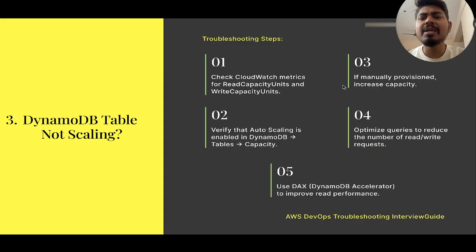Third, manually increase the provisioned capacity if you can, as a temporary fix. Optimize the queries to reduce the number of read and write requests. If anything is hampering, use DynamoDB Accelerator to improve the read performance.